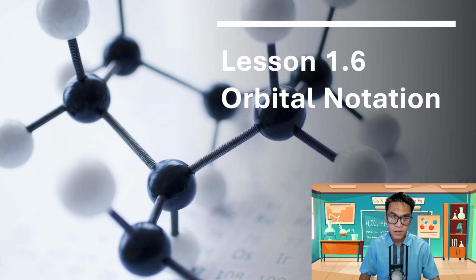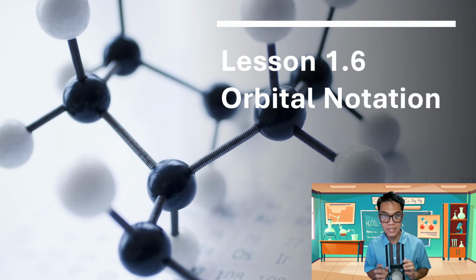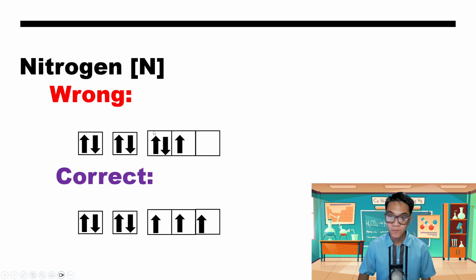Now, I've already discussed with you in my previous topic the linear electron configuration. We should be able to master it already, as we need that prerequisite knowledge in configuring our orbital notation. So without further ado, let's start with an example. I have here a nitrogen atom.